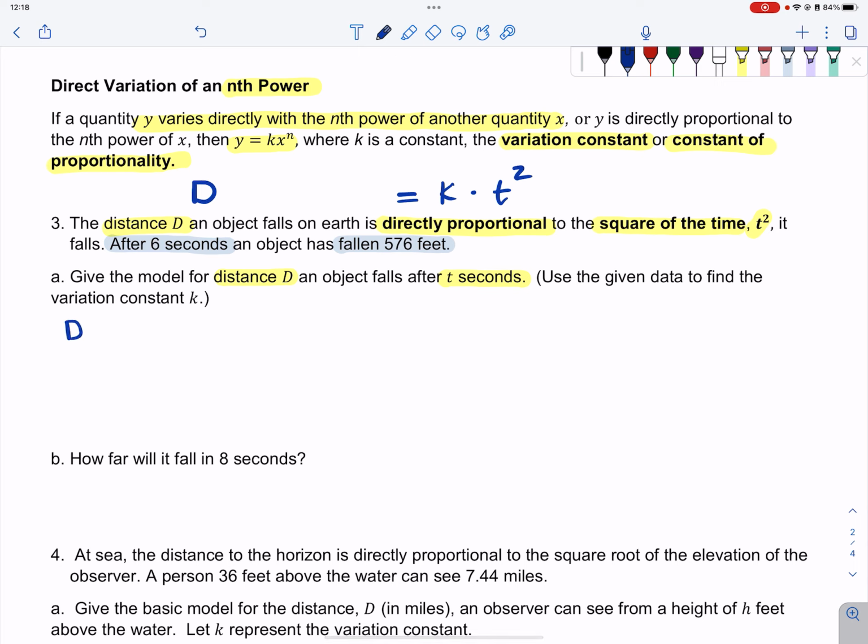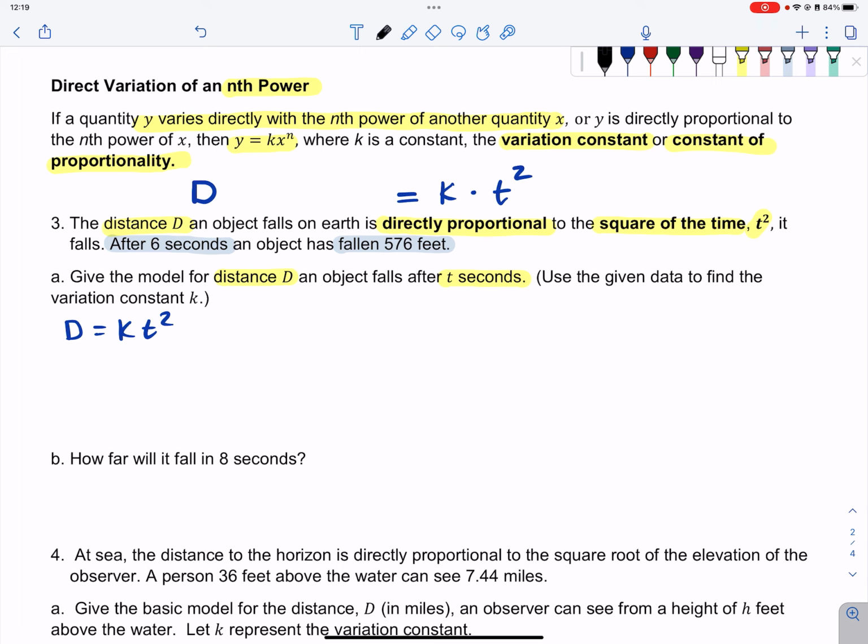This gives us the starting model, d equal to k times t squared. Now we need to use the data that after 6 seconds, the object has fallen 576 feet. So we can replace our time and distance with those two.